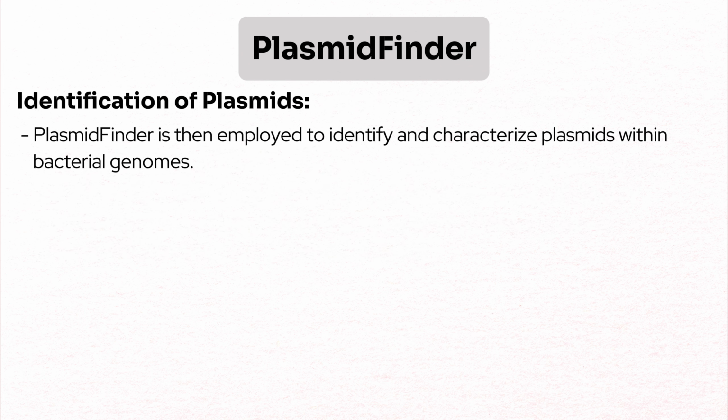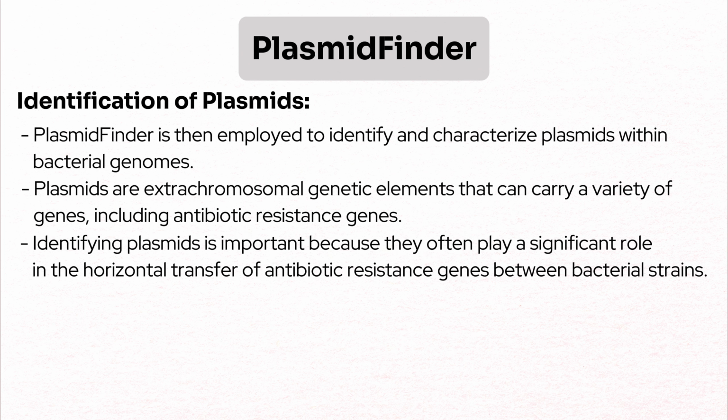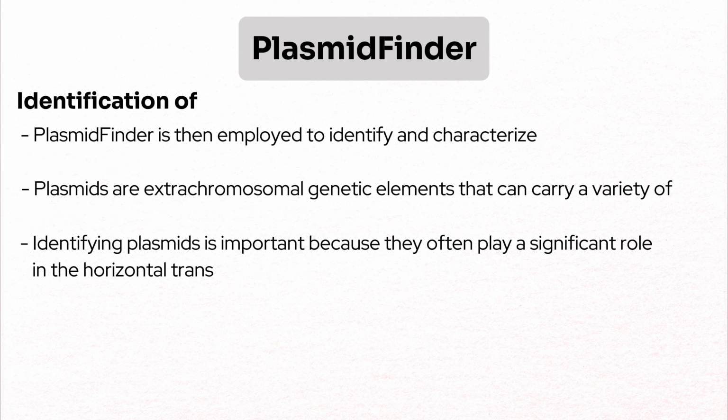Identification of plasmids. Plasmid Finder is then employed to identify and characterize plasmids within bacterial genomes. Plasmids are extrachromosomal genetic elements that can carry a variety of genes, including antibiotic resistance genes. Identifying plasmids is important because they often play a significant role in the horizontal transfer of antibiotic resistance genes between bacterial strains.